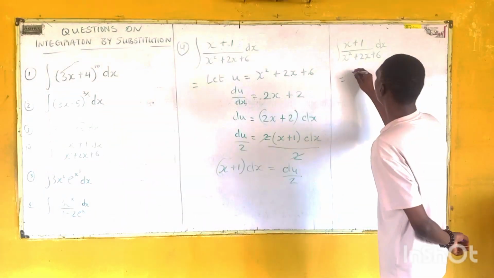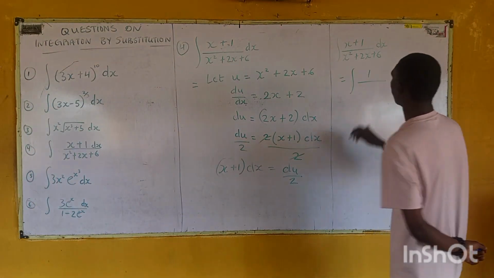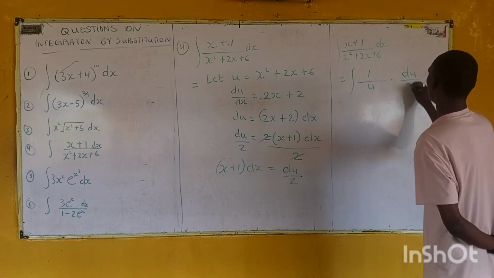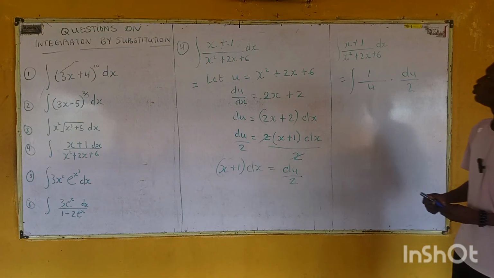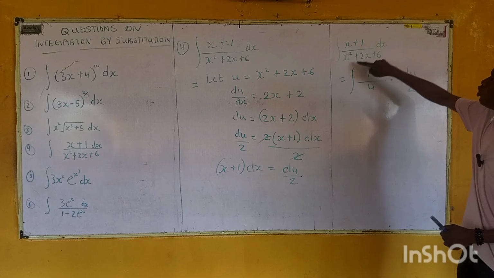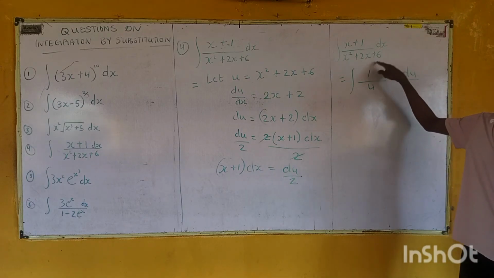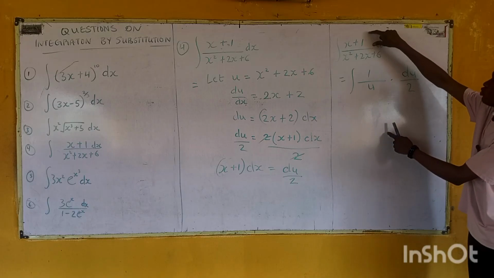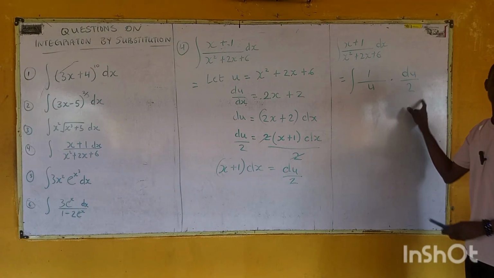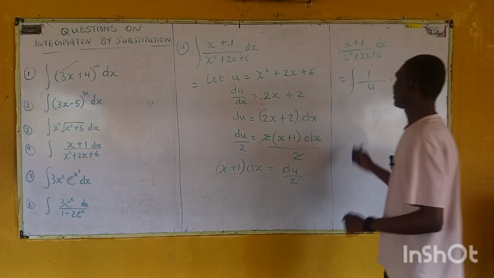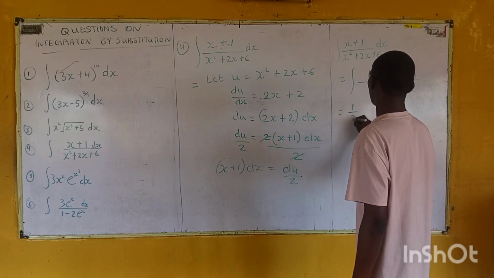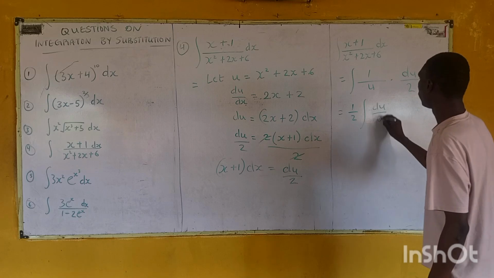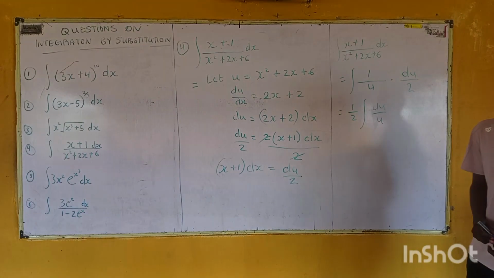So we can simply say the integral of 1 over u times du over 2, where 1 over u is 1 over x squared plus 2x plus 6, then du over 2 is the x plus 1 dx. So we can factor out the constant and say 1 over 2 integral of du over u.